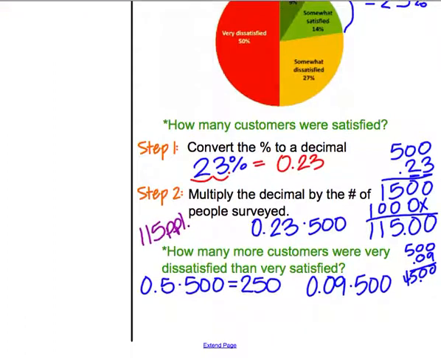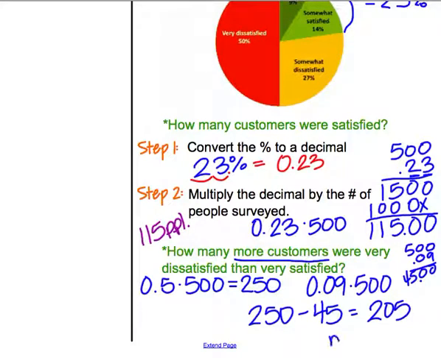I'm going to scroll up a little bit here. So I'm going to take 250 minus 45, so that is 205. And the question asks how many more customers, so I'm going to say 205 more customers, which is what I was looking for.